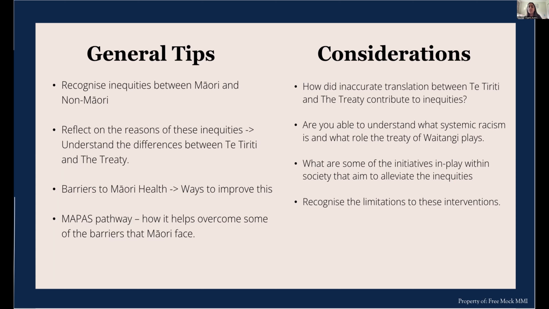So take some time to research some interventions that exist or come up with some interventions, like more funding, to help alleviate some of the health inequities that exist. And for this section, when structuring your response, it's really important to show a trend and a flow from the basic causes of these health inequities, so colonization, the Treaty of Waitangi, things like that, and how they have led to the systemic racism or health inequities today. So next slide, please.